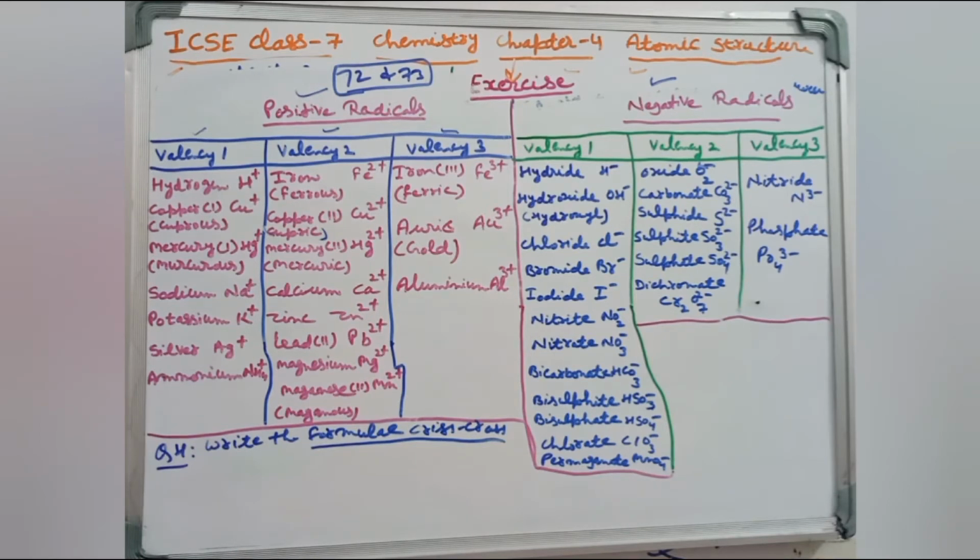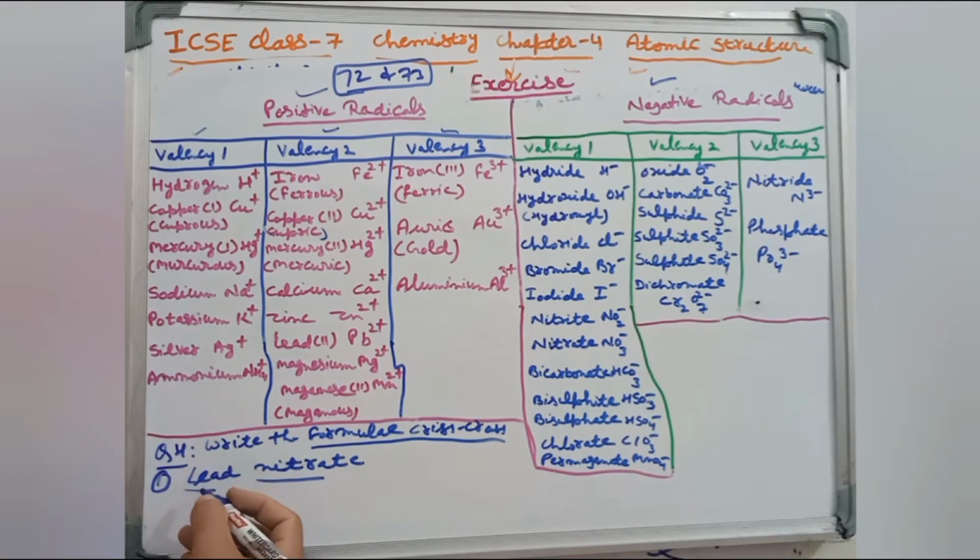Now we are going to start with question number H. The first is to draw the crisscross formula of lead nitrate. While writing formulas, keep in mind that two words are written, one on the left and one on the right.